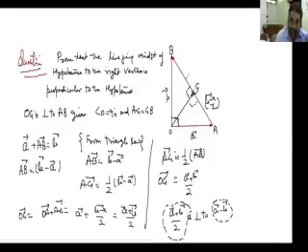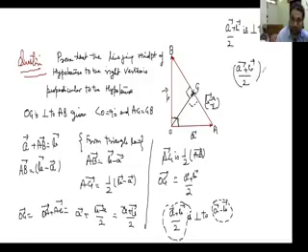Are you understanding? Yes. So see what it gives me. It gives me mod A square plus mod B square equal to the right side: mod B square plus mod A square minus 2A dot B.